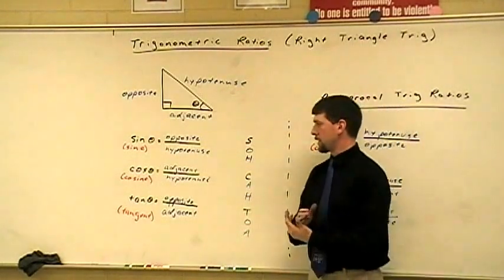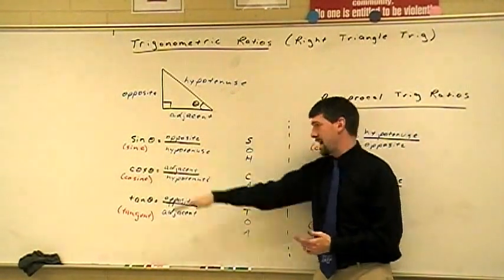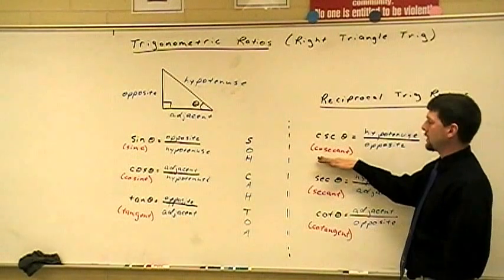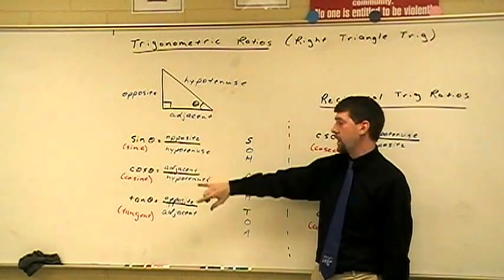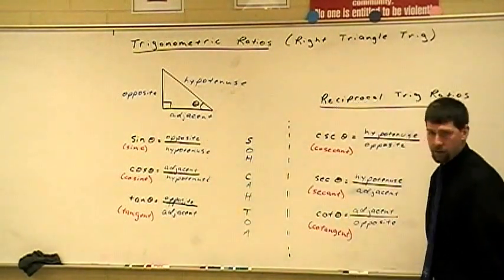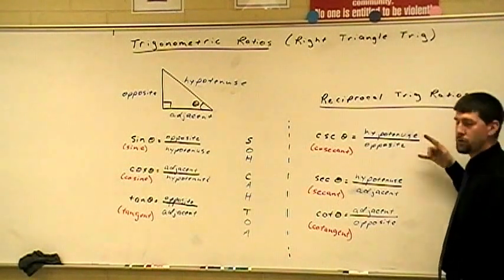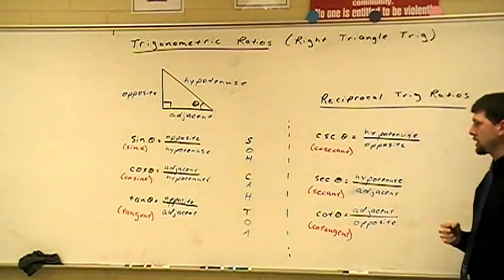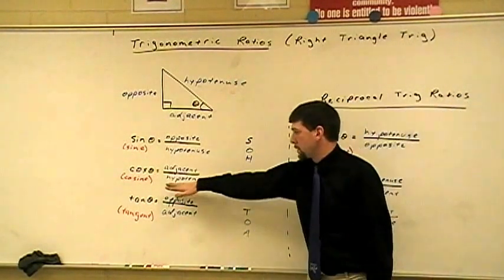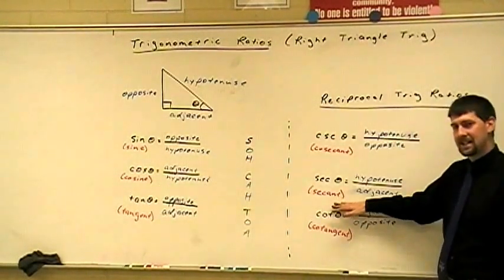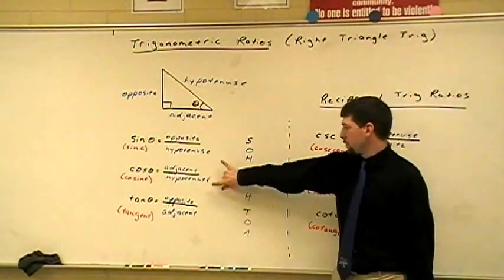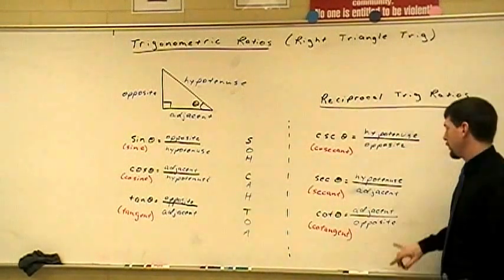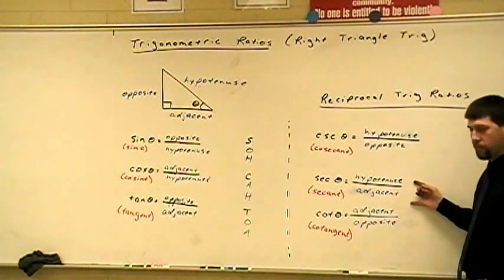All right, now you need to remember that the reciprocal of sine is cosecant. So reciprocal means flip the fraction. Opposite over hypotenuse for sine becomes hypotenuse over opposite for cosecant. The reciprocal of cosine is secant. So when we do the reciprocal of adjacent over hypotenuse, we end up getting hypotenuse over adjacent.